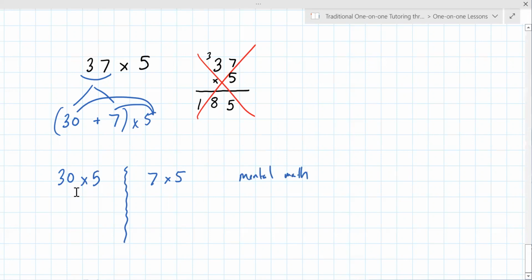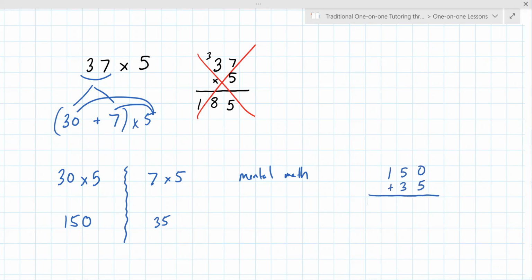Do you know what 30 times 5 is? No. How about 3 times 5? Yes. What is 3 times 5? 15. Okay, and then you just add that 0 to the end. How about 7 times 5? 35. Okay, now can you add these two numbers together for me? 150. Did you write them out vertically to add?